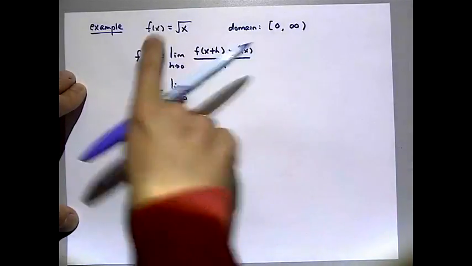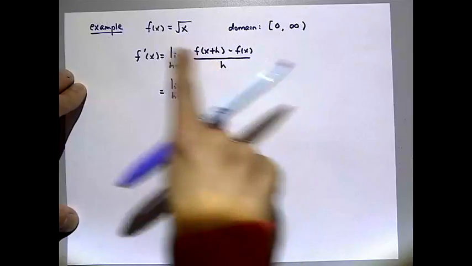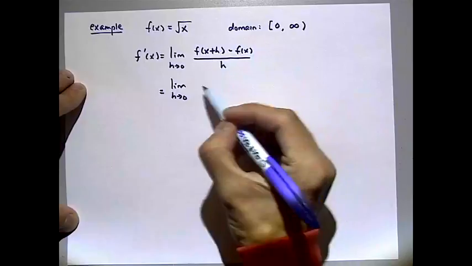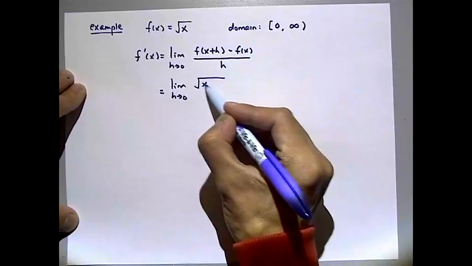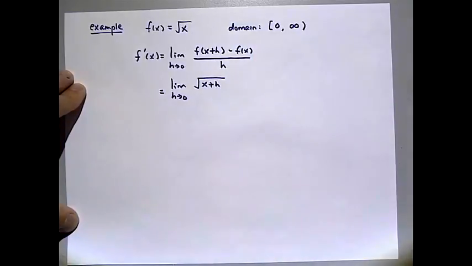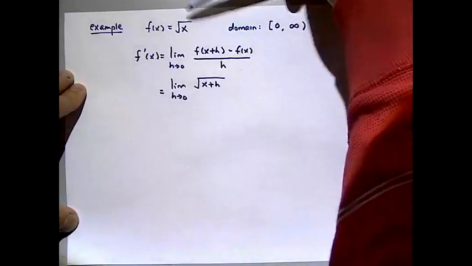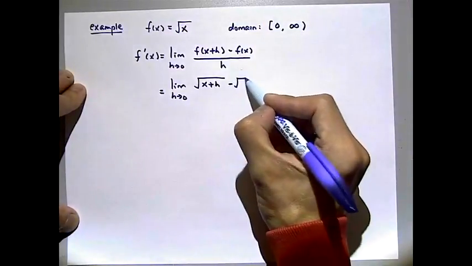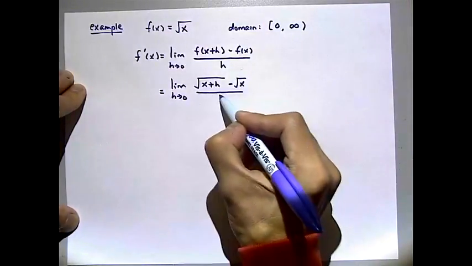This is f of x. F of x plus h means you replace every x you see in a function with x plus h. Okay, so the function f of x, radical x, turns into radical x plus h. F of x is whatever it is, over h.